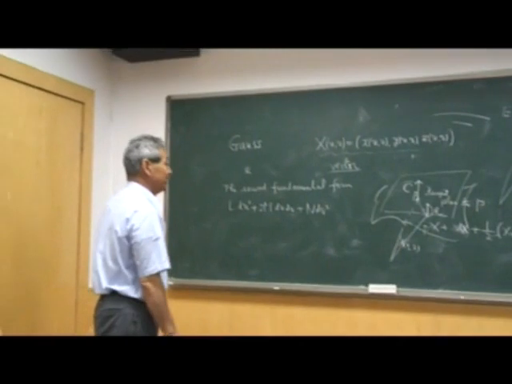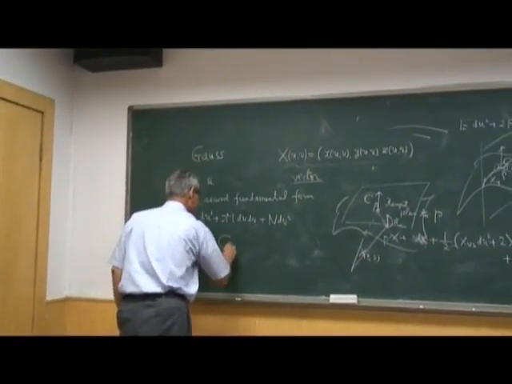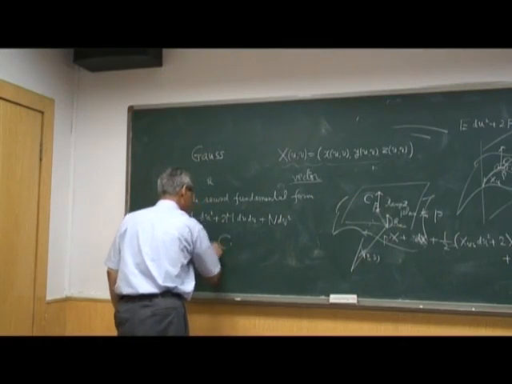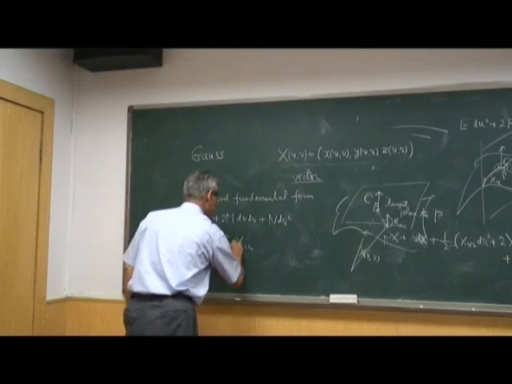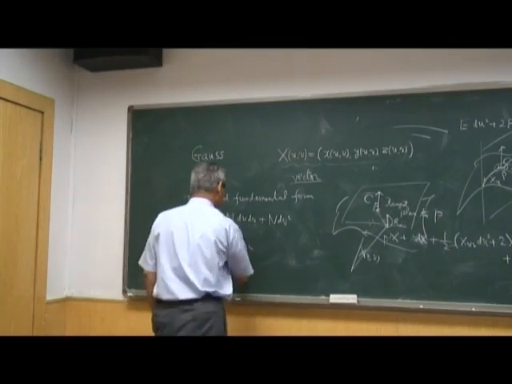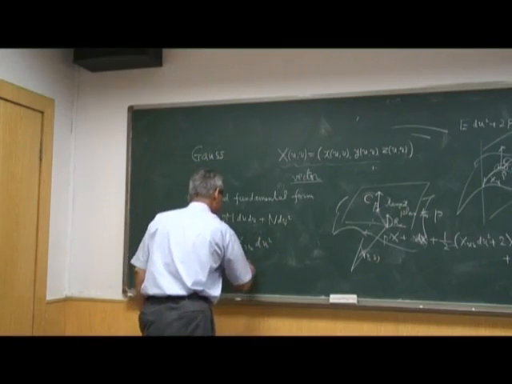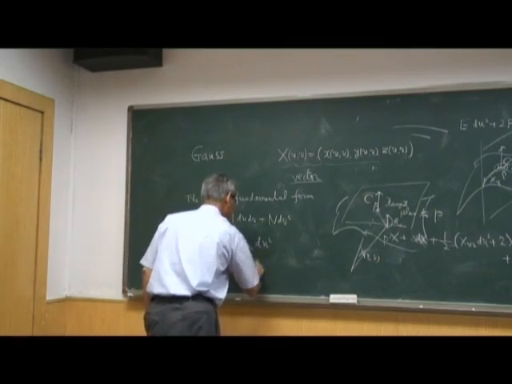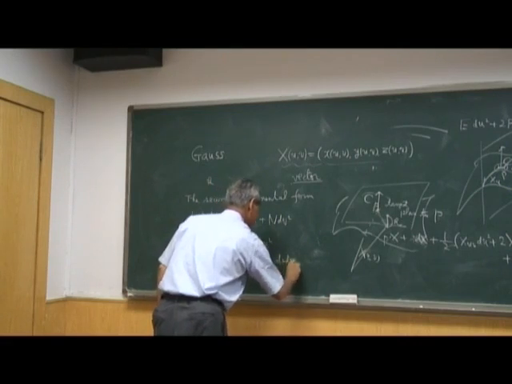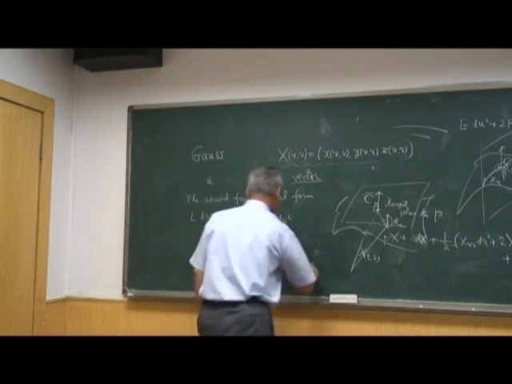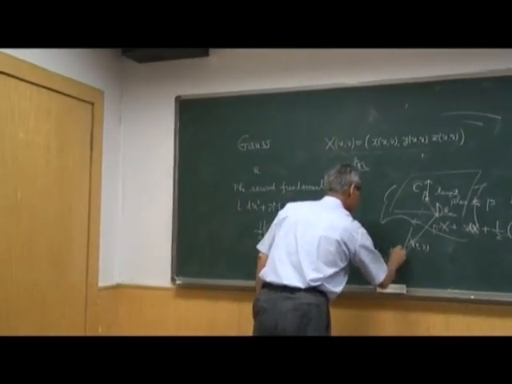And that you can actually write down, so this is C times 1/2 of the x u u, this is an inner product, du square, plus C times 2 times C of x u v, du dv, plus C of x v v, dv square.